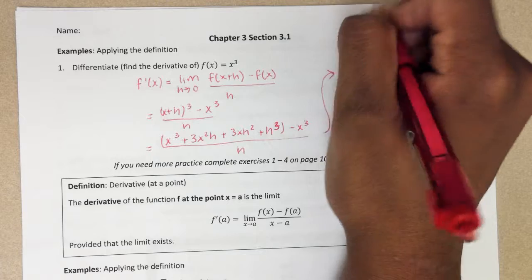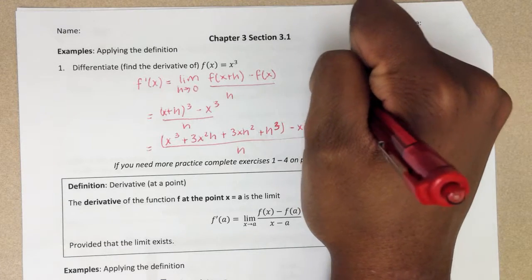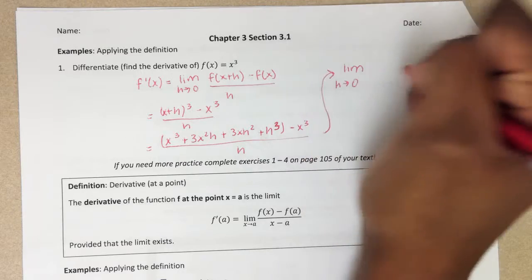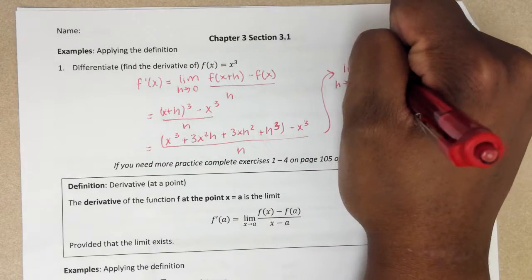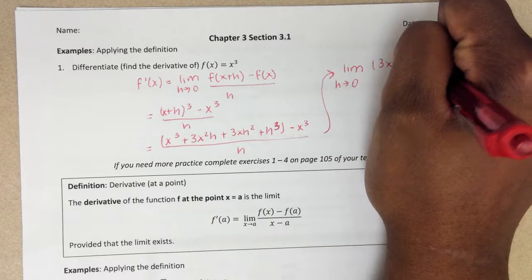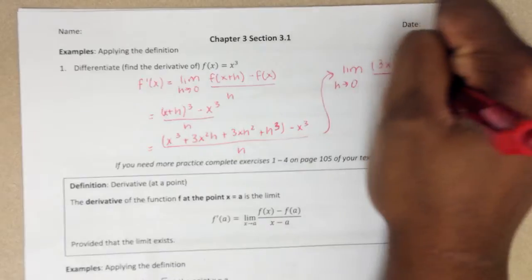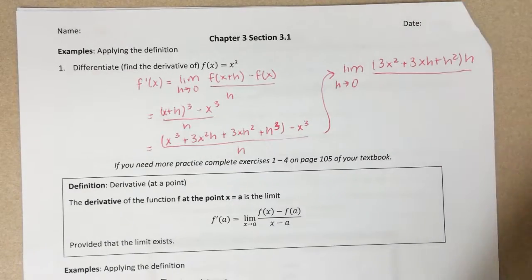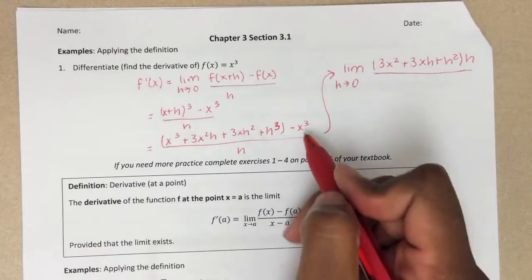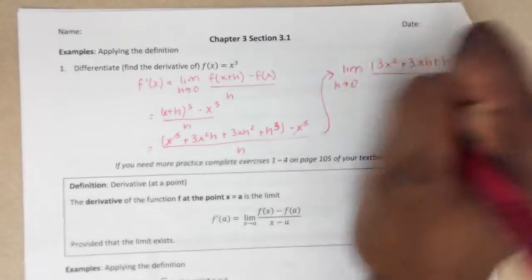This leads to the limit as h approaches 0 of 3x squared plus 3xh plus h squared times h, because we can pull out an h once we cancel out these two x cubes, all over h.